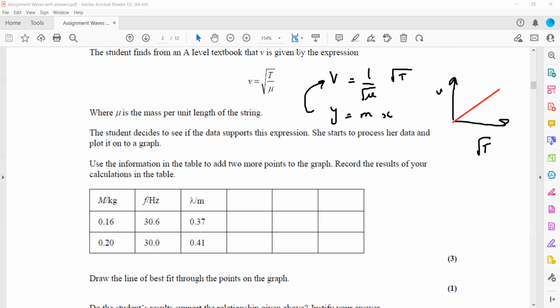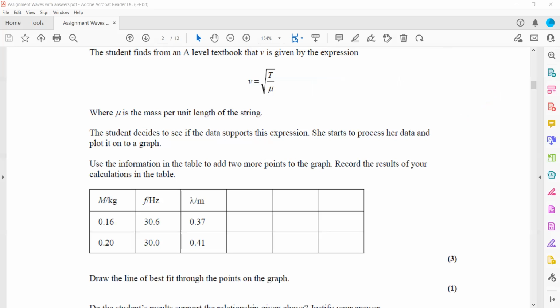So you can complete either one of them. Normally, because it's easier to square than to take a root of the quantity, it will be v squared is equal to 1 over mu into T. So we need v squared and we need T.